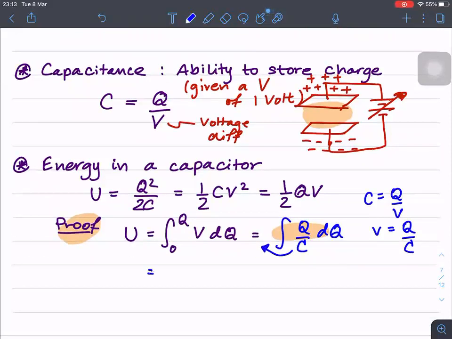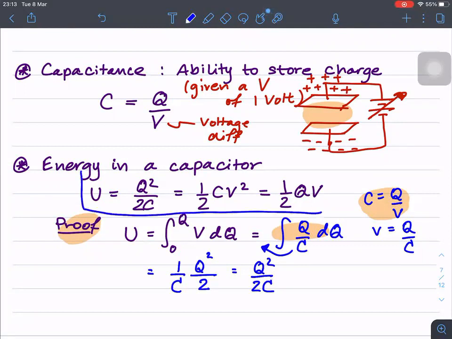Then I integrate the rest of them, and it would give us Q square over 2C. Then using the same definition, C equals Q over V, we should be able to show that U would also equal half CV square and half QV.